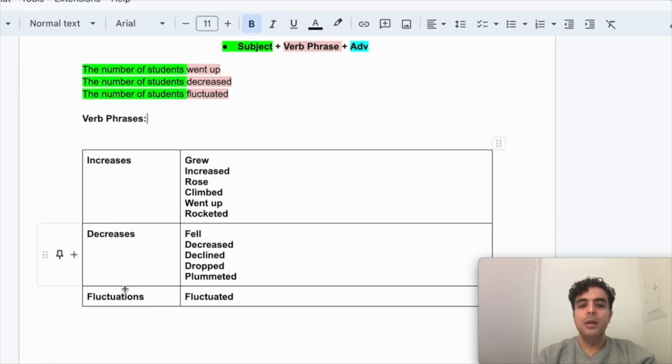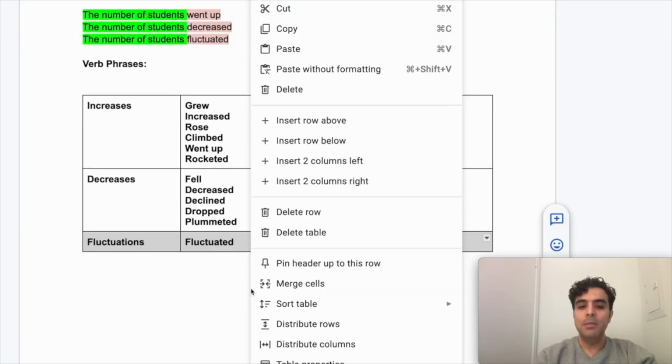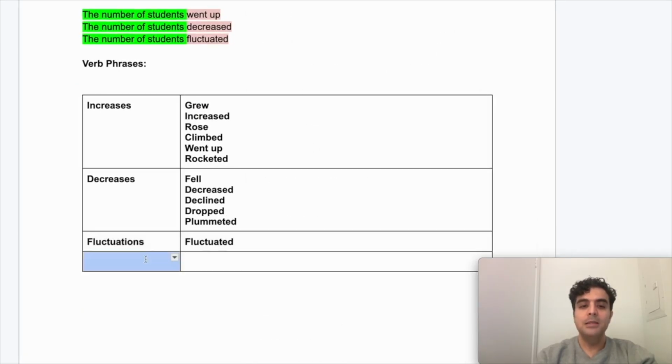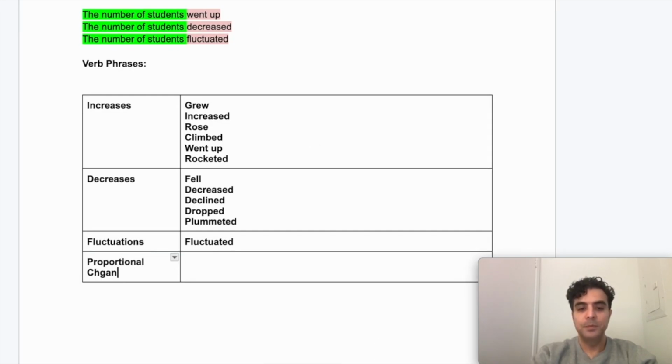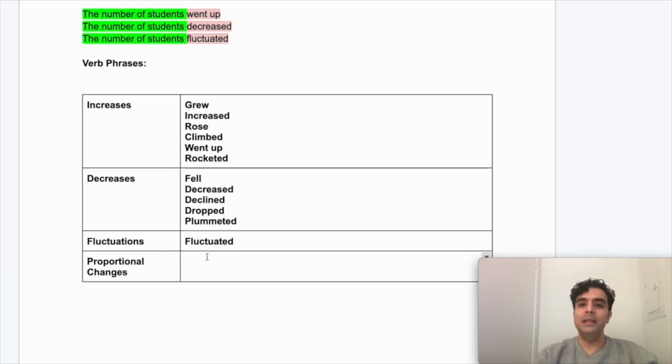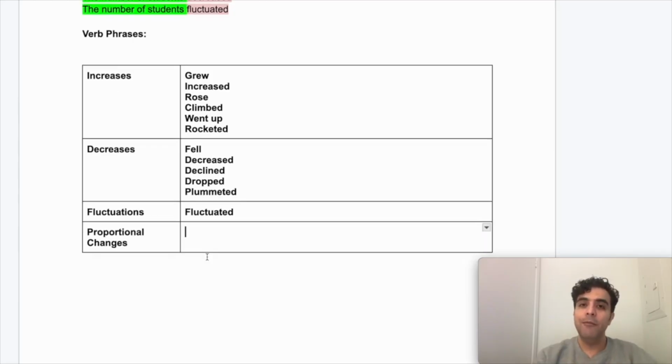Now, another way you could describe changes is by describing what we call proportional changes. So let's say I have witnessed an increase from 20% to 40%. So it's twice the amount, isn't it?